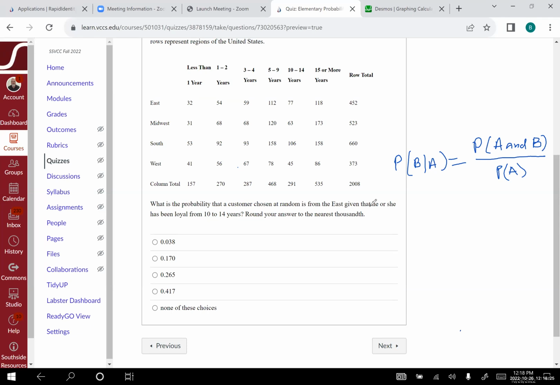All right. Here's conditional probability. Being from the east, given that he or she has been loyal 10 to 14 years. So that fits this formula. So let you try that. That'll take a little more work.